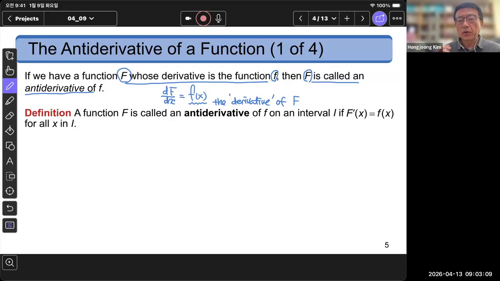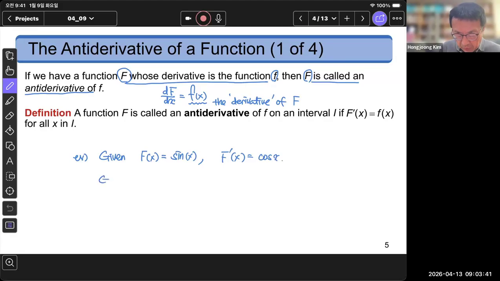However, given lowercase f, uppercase f is not uniquely determined, right? So please remember, given, say, uppercase f, say sine x, the derivative is unique and you get just the cosine x.